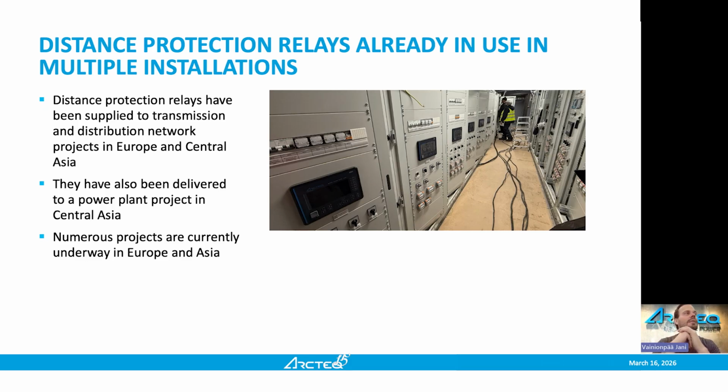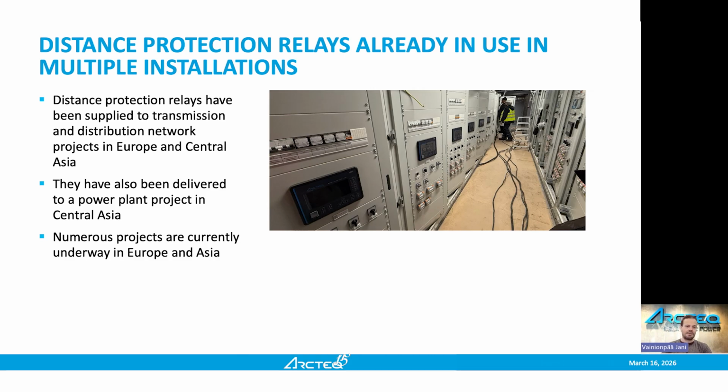Even though I think our distance relay release is about to happen at the end of this month, end of March, we have done a lot of testing, and we also have some pilot projects ongoing. We have our distance protection already in transmission distribution networks in Europe and Central Asia.